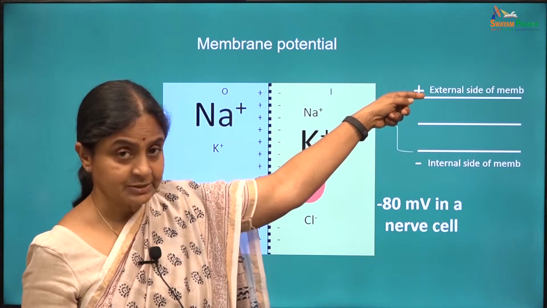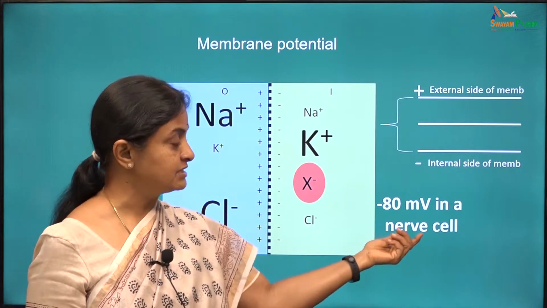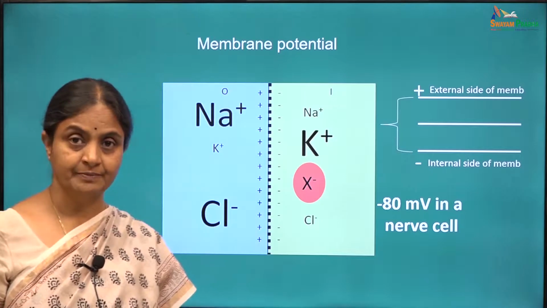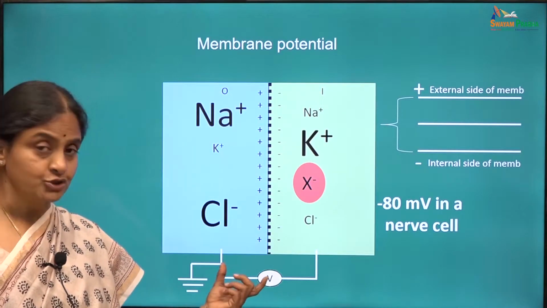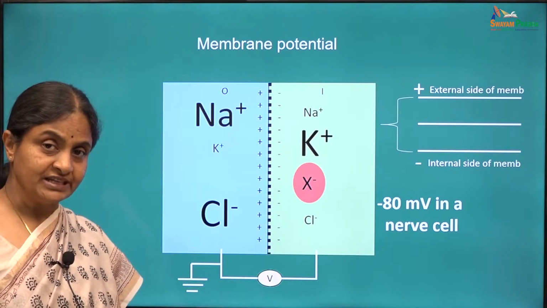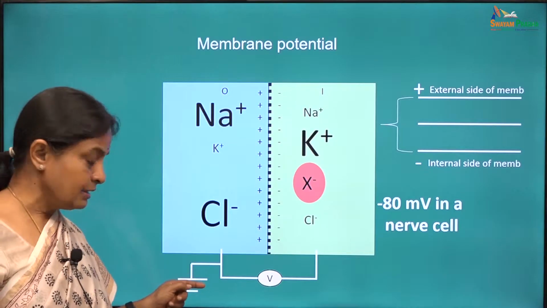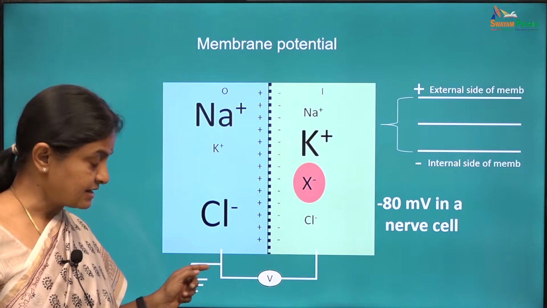The exterior is positive and the interior is negative, and the magnitude of the field is about 80 millivolts in excitable cells, when we put electrodes in these compartments. By virtue of the technique, the external compartment is earthed, that's the reference electrode.